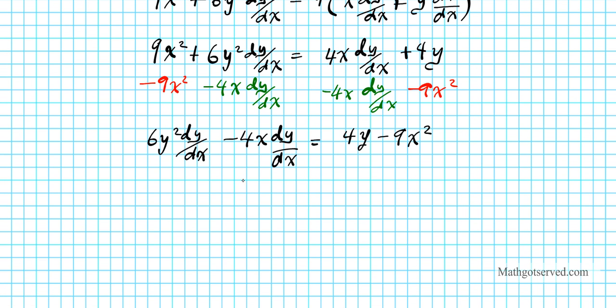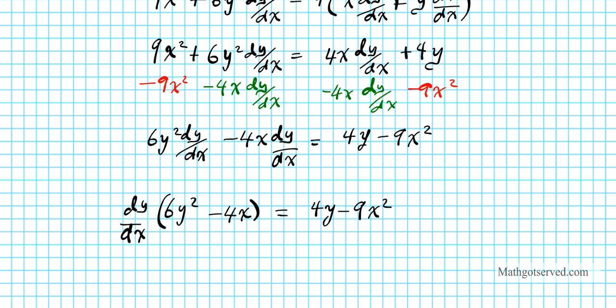The reason is because it enables me to factor out the dy/dx and isolate it. So I can factor out dy/dx from these two terms. So we can put dy/dx on the front. dy/dx times 6y squared minus 4x equals 4y minus 9x squared.